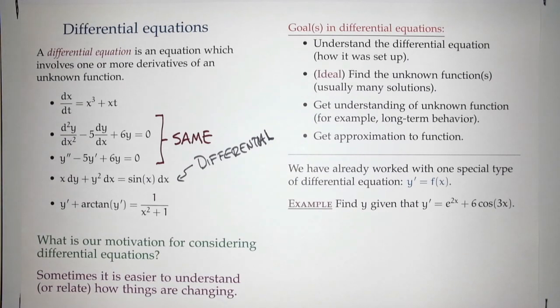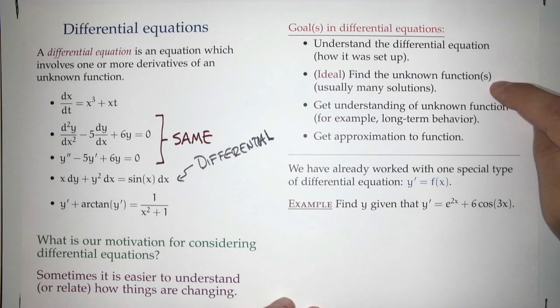And then I will say for much of the semester, we're not going to worry too much about that. We're just going to be saying, hey, here's this equation. It came out of a black box. Don't worry what it means. Just solve it. And what does that mean? Well, find the function. What is the function? Okay.